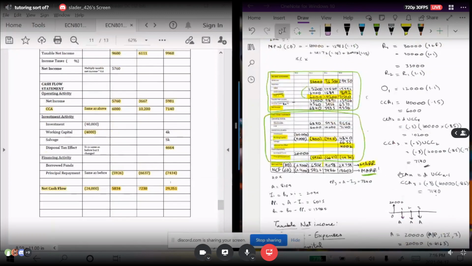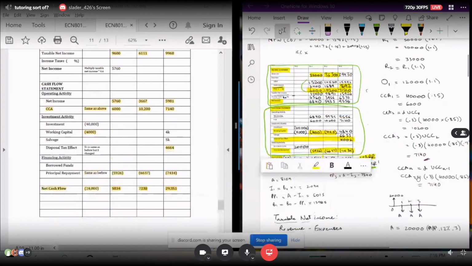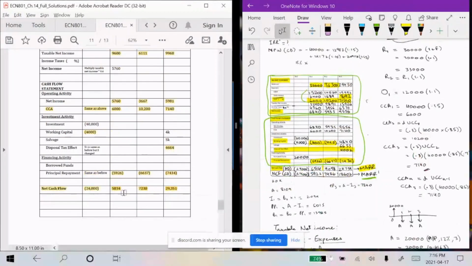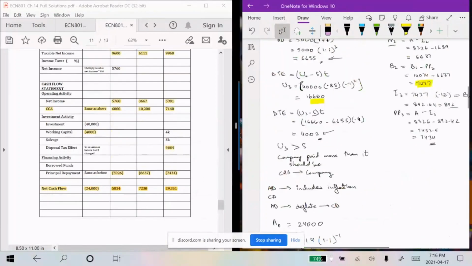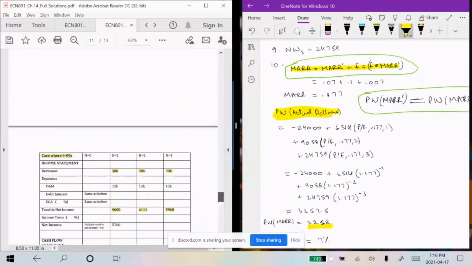Yeah, these are right, because there's no inflation. My bad. No worries. These are constant dollars, and then just use the 7% MARR. Same thing that we did here. So you calculate the present worth, and you get it as 3,563.